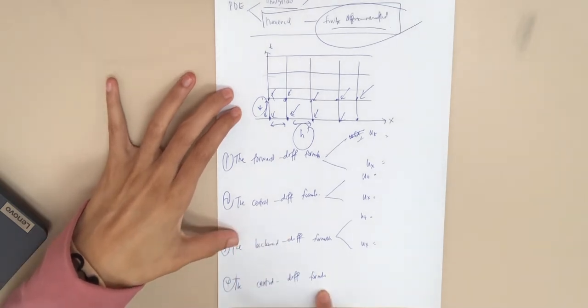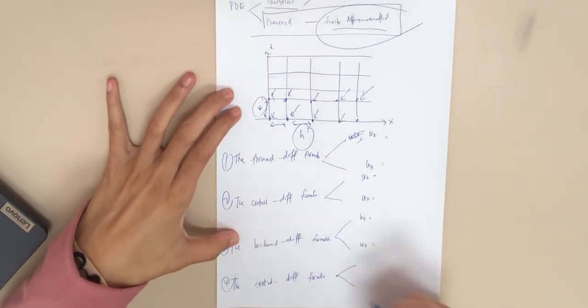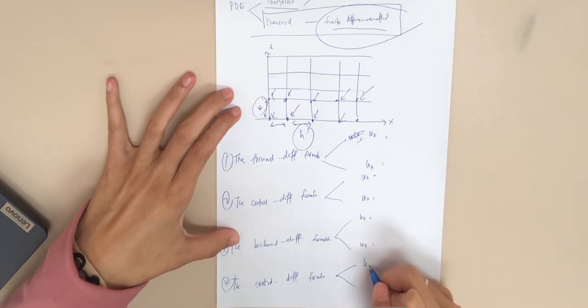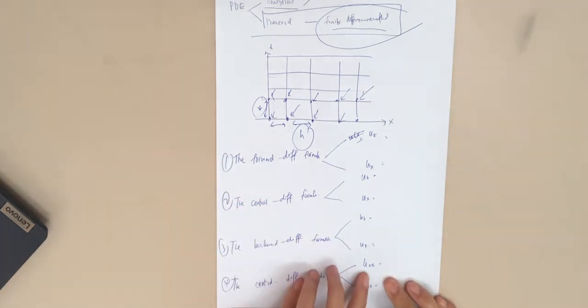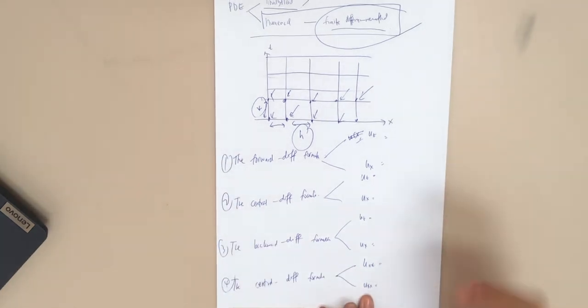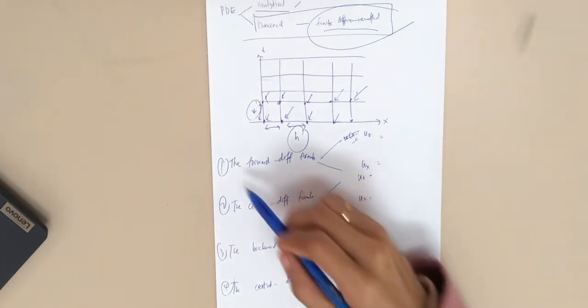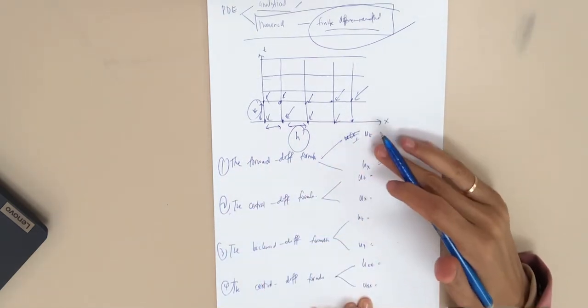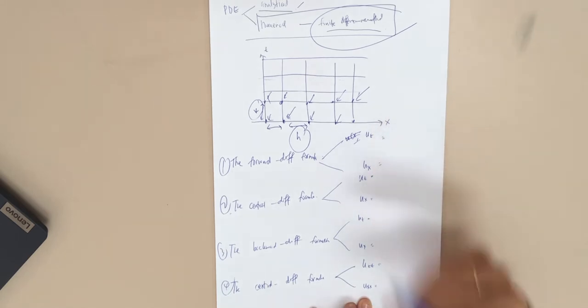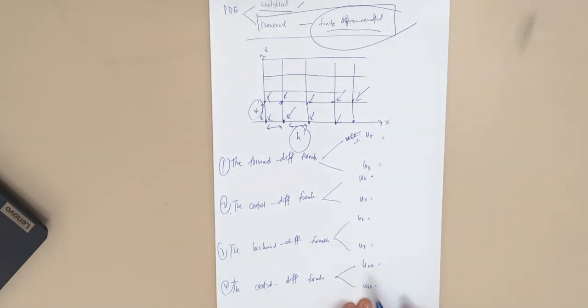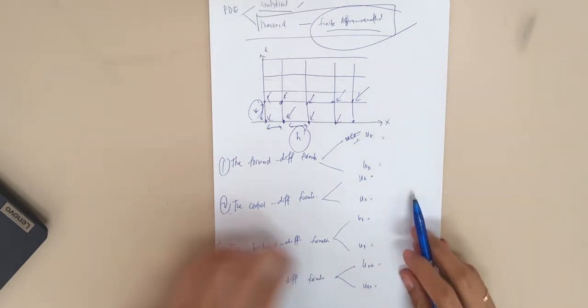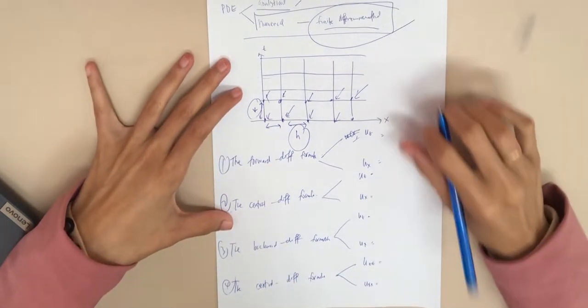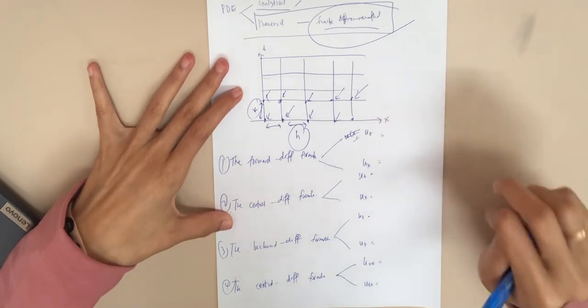Number 4 is also central difference, but for number 4 it is a central difference for double: u_tt and u_xx. These first three are only for single differentiation, u_t and u_x, but number 4 here is the formula for double differentiation. I will write the equation for each of them. So basically you have 8 formulas.